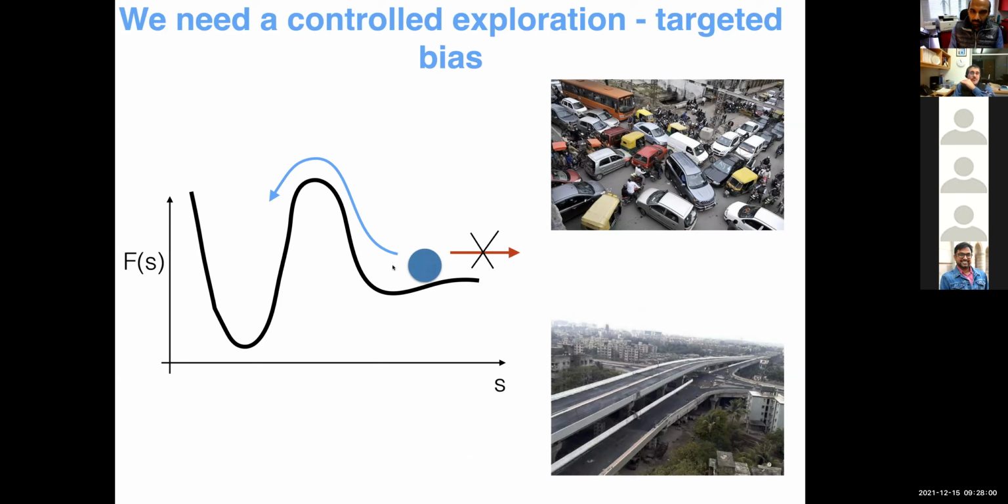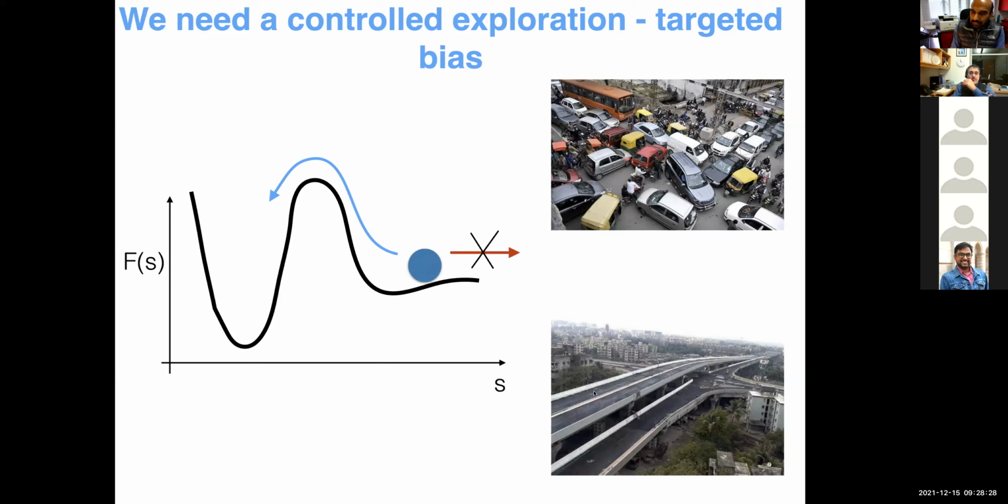Our interest is to go from A to B, but the system would like to diffuse in the collective variable space because there is no barrier there, and I'm not really interested in going to those spaces. Of course, you can put a wall potential and do the simulations, but it can become tricky for systems where you do not know where to put the wall potentials. Also, wall potentials introduce some artifacts.